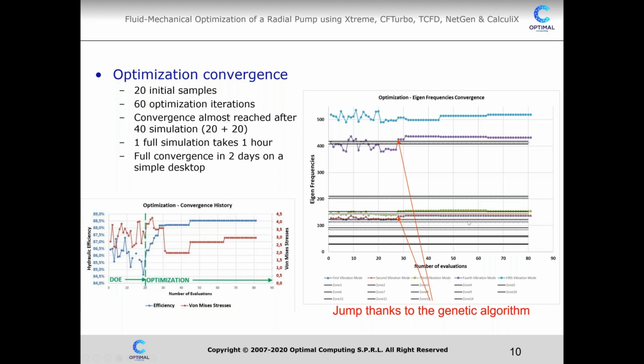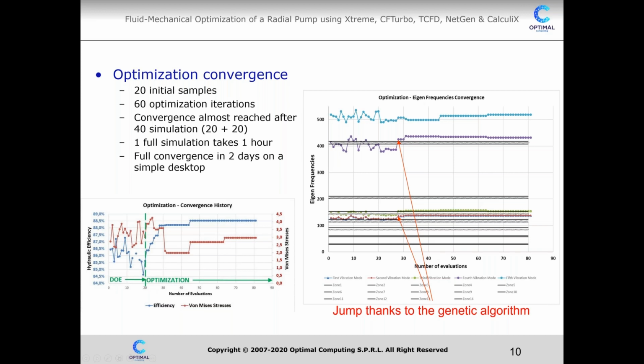And with the dashed zone here, you have the vibration zones that are forbidden for any vibration modes. Here you see the number of simulation evaluations from 0 to 80. So 20 for the DOE at the beginning, and then we start with the optimization.